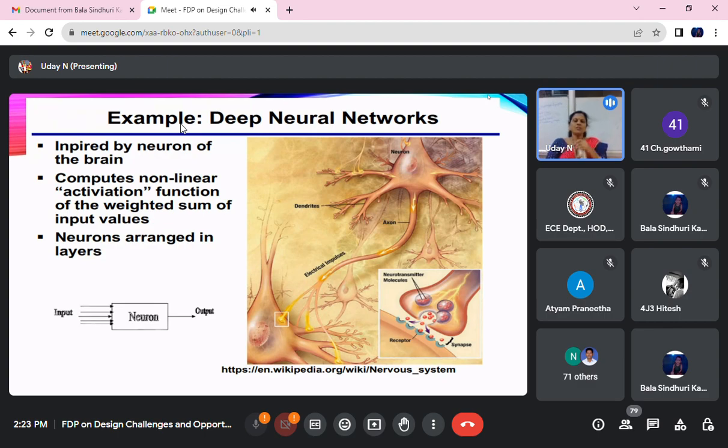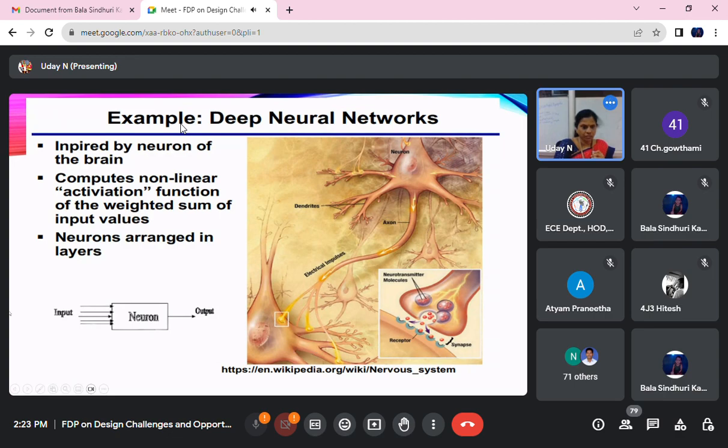The neurons are the fundamental parts of our human brain. Any human brain has 10 to the power of 5 neurons. These neurons are interconnected, and there are important parts of the neuron.